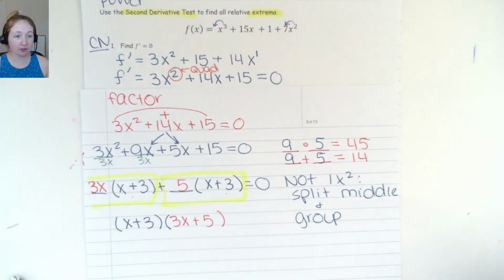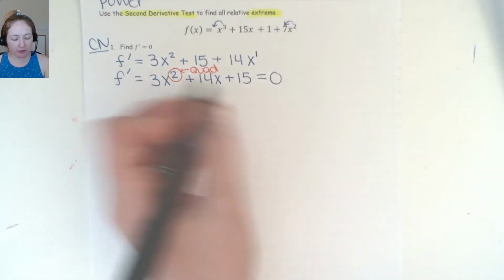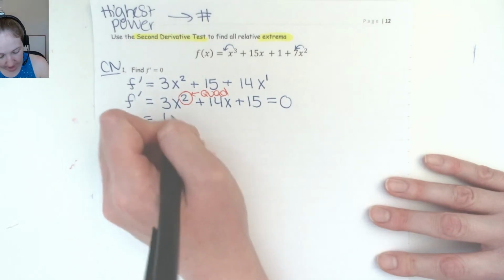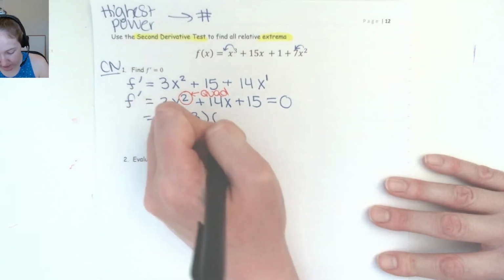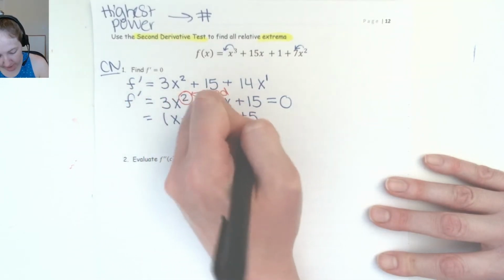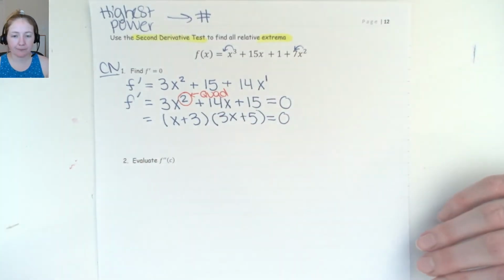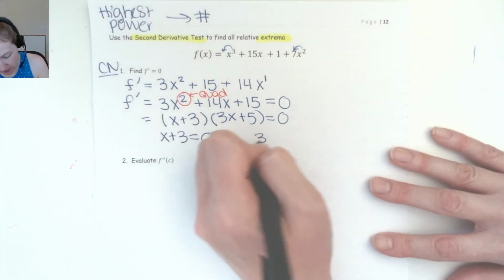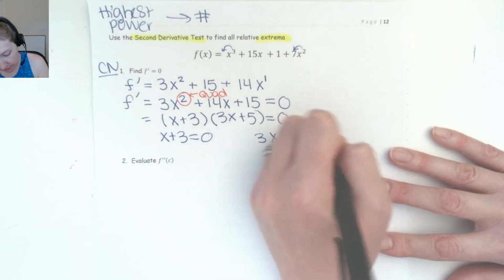So that's my factorization. So I go back over here to where I was setting my derivative equal to 0, and I write down that factorization, x plus 3, 3x plus 5, equal to 0. And then I set my factors equal to 0.